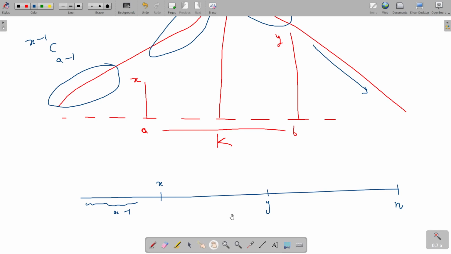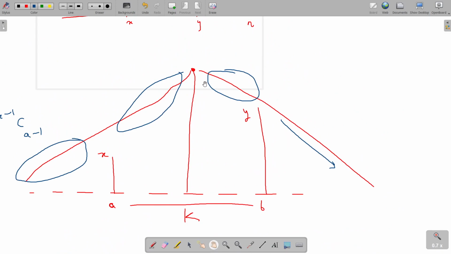Now let us solve this part first. Let us label this 1, let us label this 2. So let us solve 3 first. What we need in 3, we basically need b minus k minus 1 values which are lying between y and n.